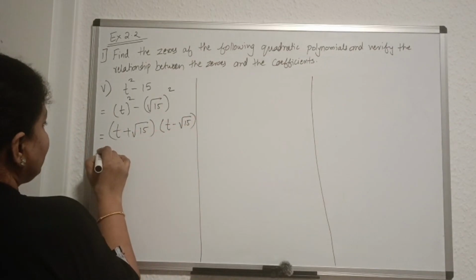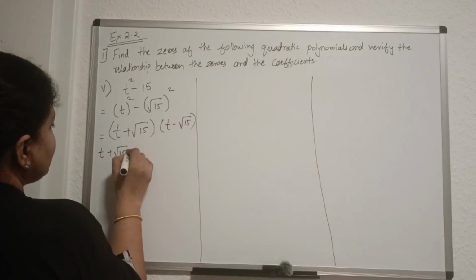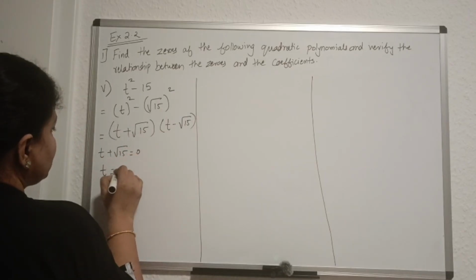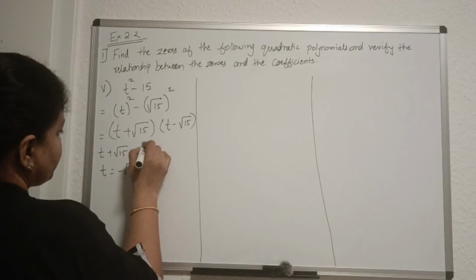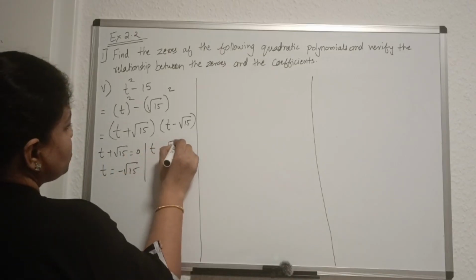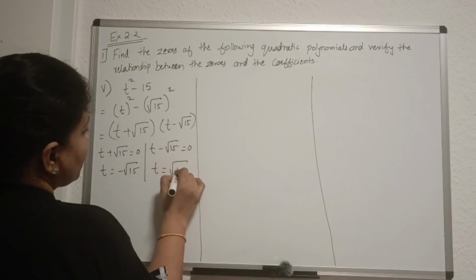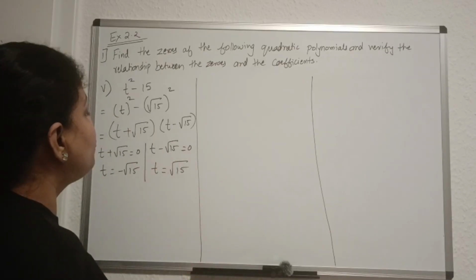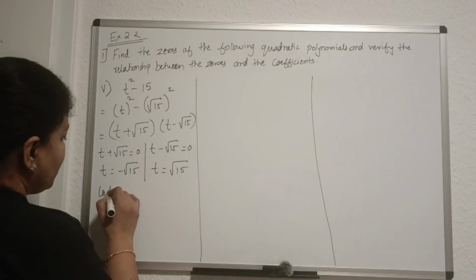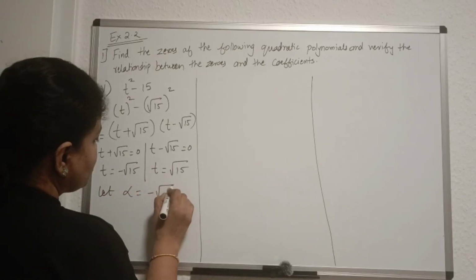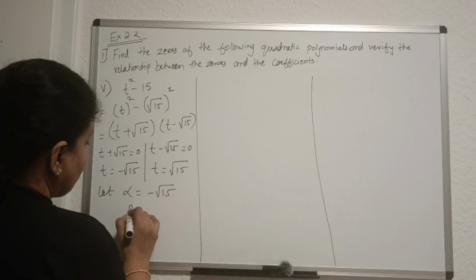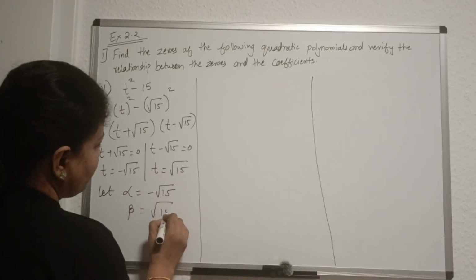If I take t plus root 15 is equal to 0, your one root is minus root 15. T minus root 15 is equal to 0, so your other root is plus root 15. So I'll take alpha is equal to minus root 15 and beta is equal to plus root 15.